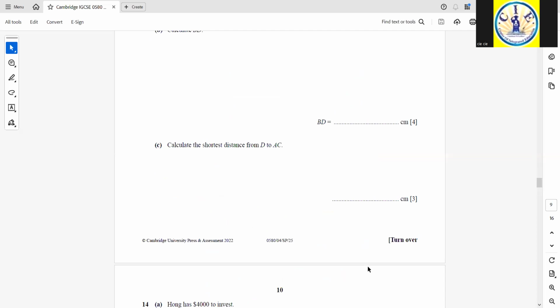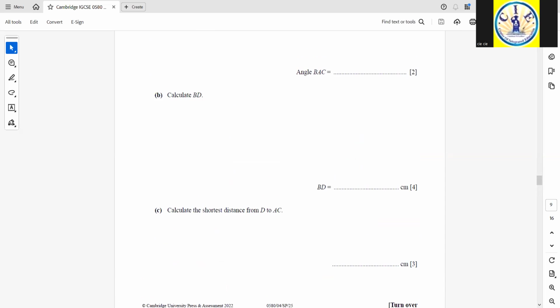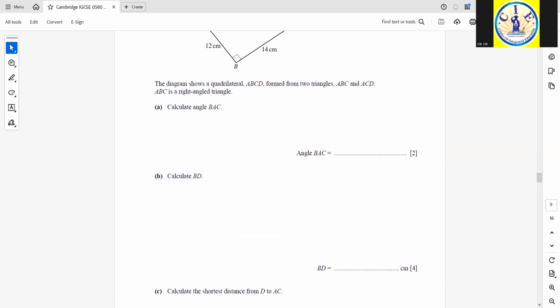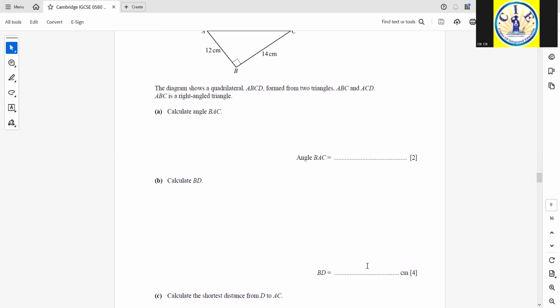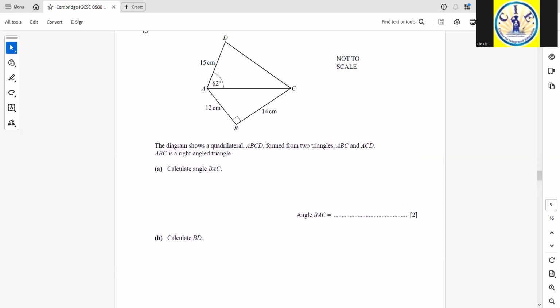Okay, calculate the shortest distance from D to AC. For the shortest distance, we know that the perpendicular distance is the shortest distance. So that means this is a right angled triangle.